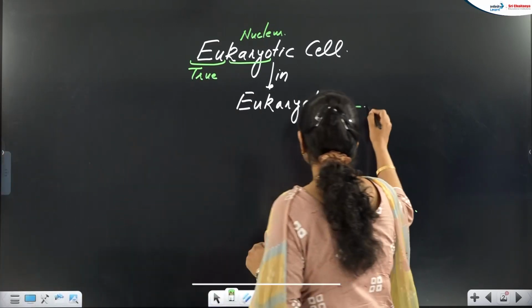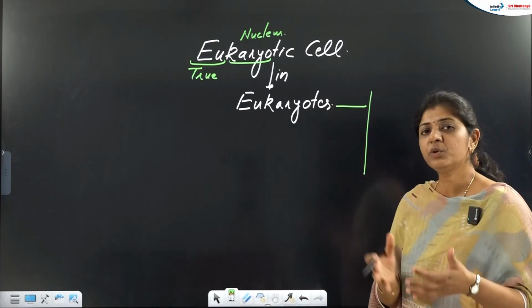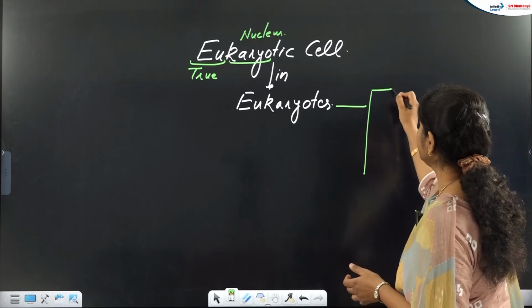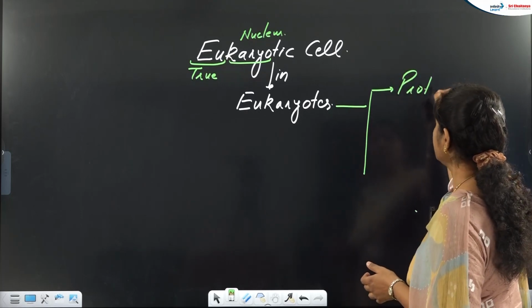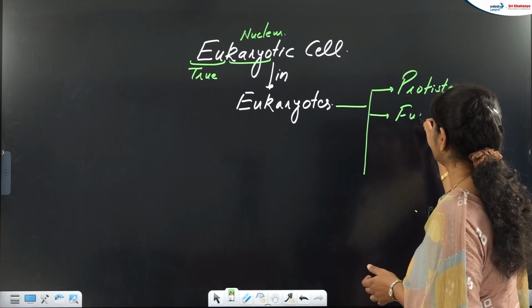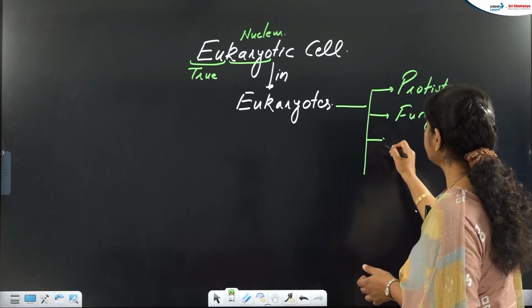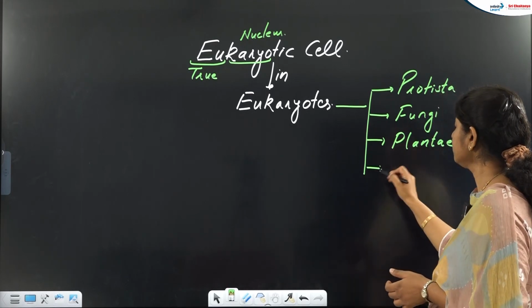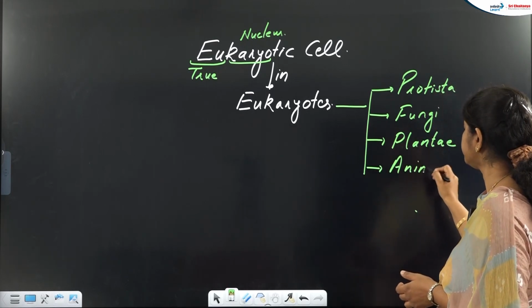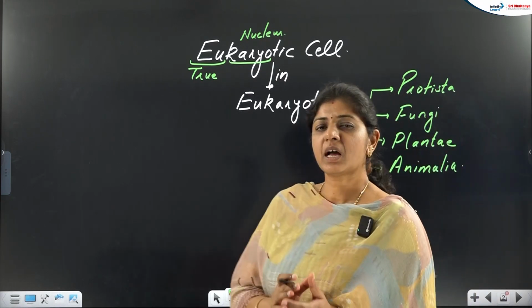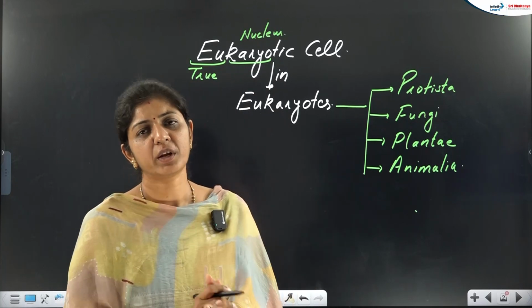What are the kingdoms included under the eukaryotes as per the five kingdom system of classification? It will include Protista, the kingdom Fungi, the kingdom Plantae, and the kingdom Animalia. Fine. These kingdoms belong to eukaryotic kingdoms.